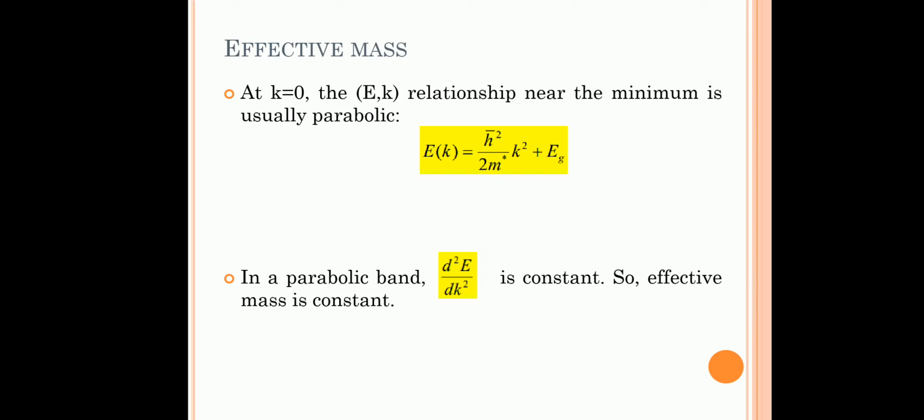From the equation, effective mass equals h square by d square E by dk square, where h is the Planck constant, a constant, and if d square E by dk square is constant, then the effective mass should be constant. There is no other variable term.